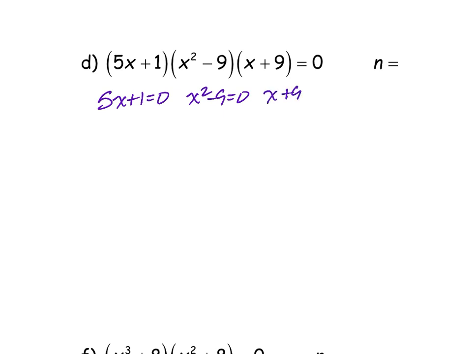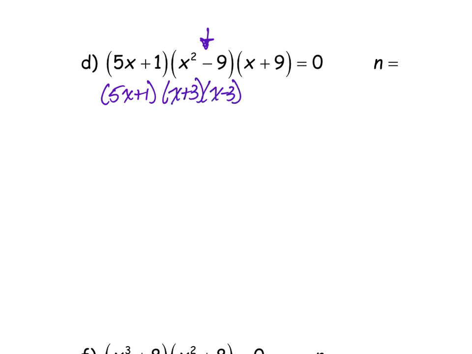Oh, no, let's not write it out that way. Let's do it this way. 5x plus 1. I can factor this. This is factorable, right? I can factor that to x plus 3 times x minus 3. And then this is x plus 9 equals 0. Is that a better way to think about it? I can think about it that way.